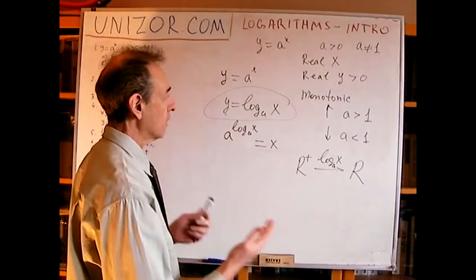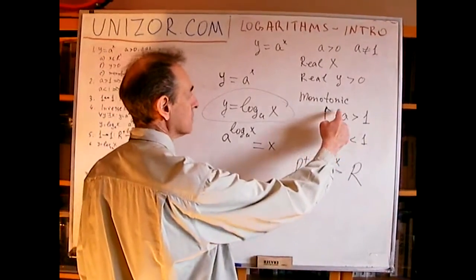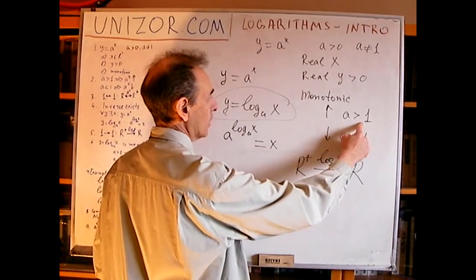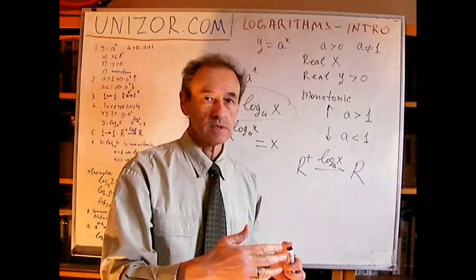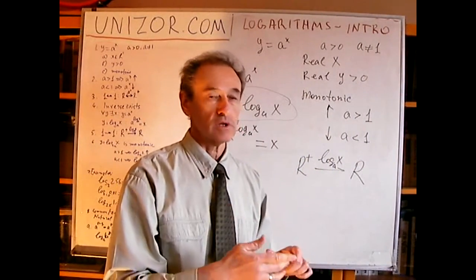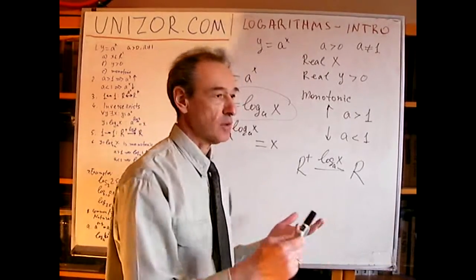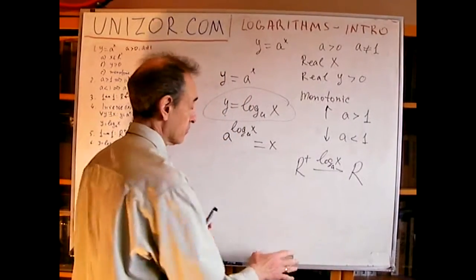Now let's talk about monotonicity. We know that the exponential function is increasing when a is greater than 1. If the function increases, then the inverse function also monotonically increases, I mean, it's obvious. I can prove it actually.